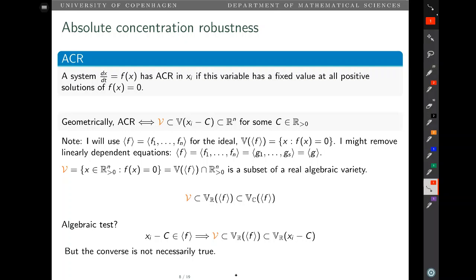Well, it can happen that all the real positive solutions are in the hyperplane, but there are some negative solutions which are not in the hyperplane. And then the ideal here does not care about positive or negative. So if there are some solutions which are not in the hyperplane, even if they're negative, this equation will not be here, because if it's here, then it will be satisfied by all the solutions, and it's not the case.